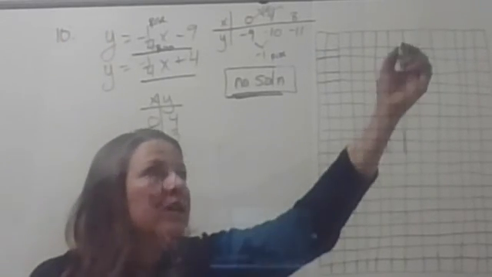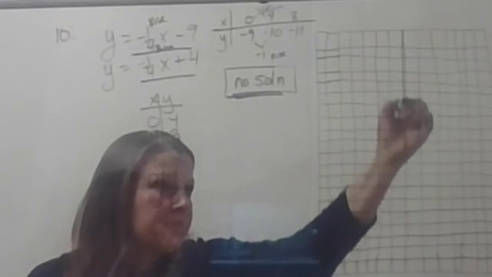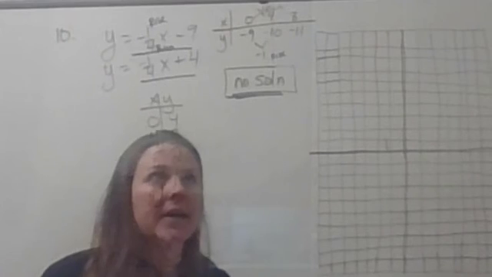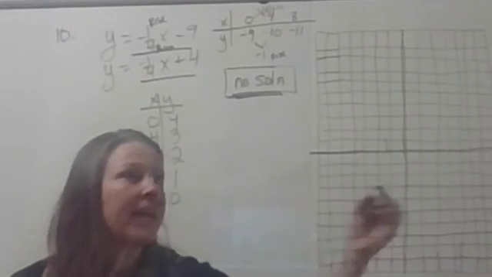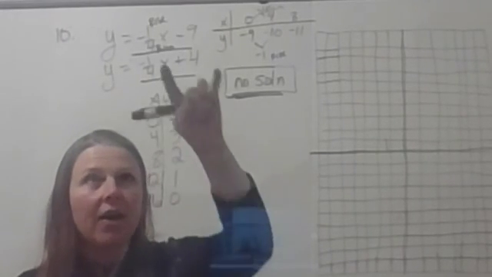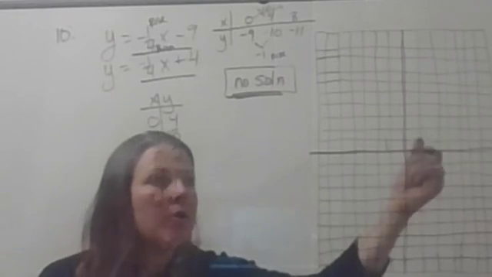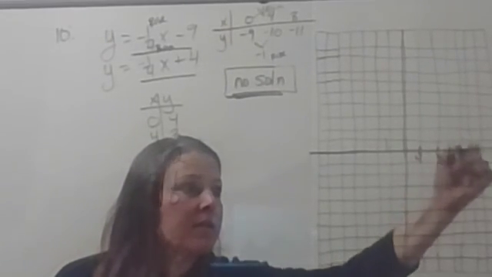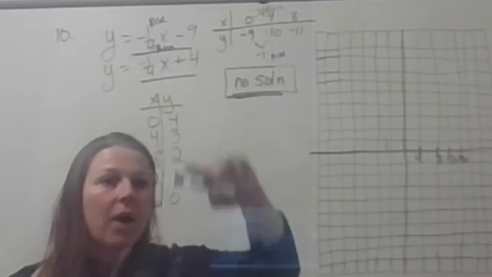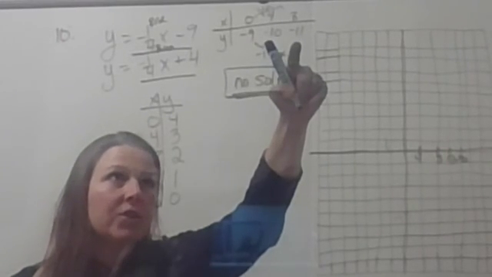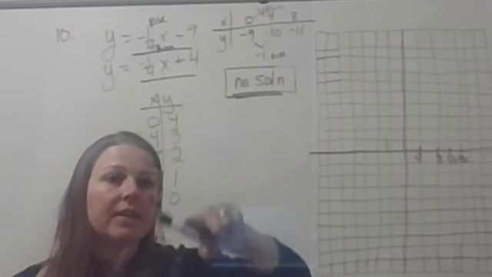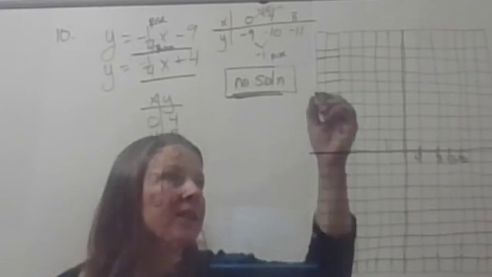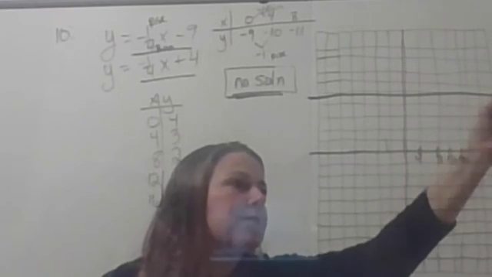So when you go over here to graph, I know your graph is given. I just can't remember what it looks like. So because of the 1/4, I'm going to just count by 4s in the x's. And then in the y's, it looks like I need to get to -11 and up to 4. So I'm kind of thinking I should have started this higher, which I'm just going to do.